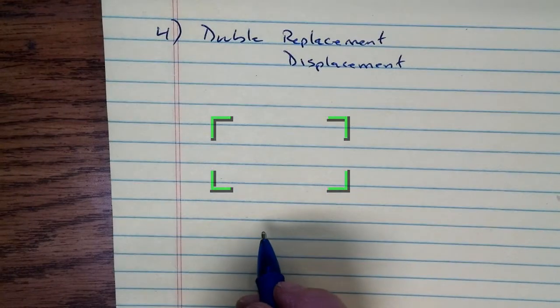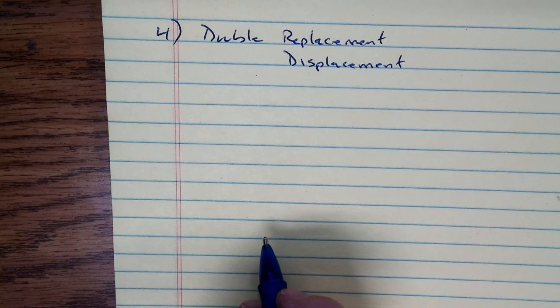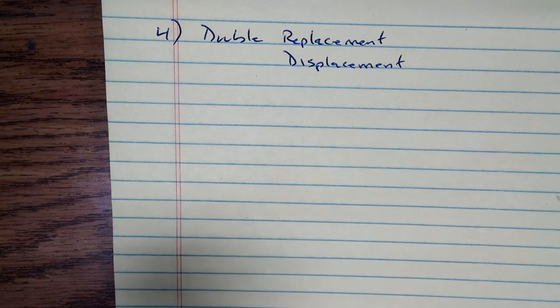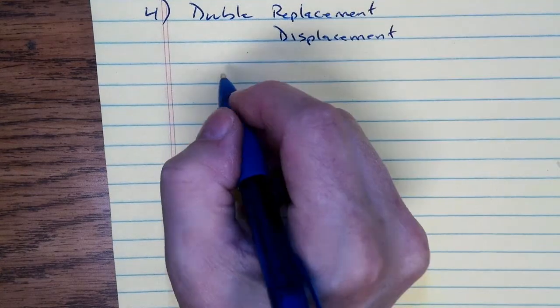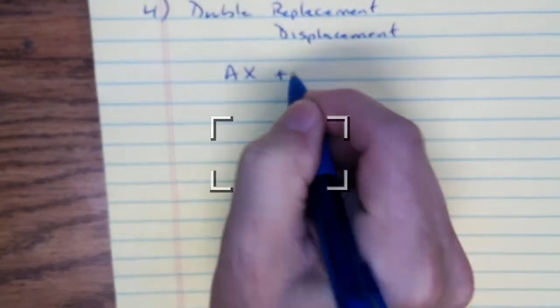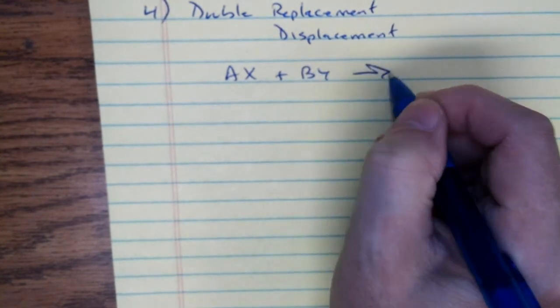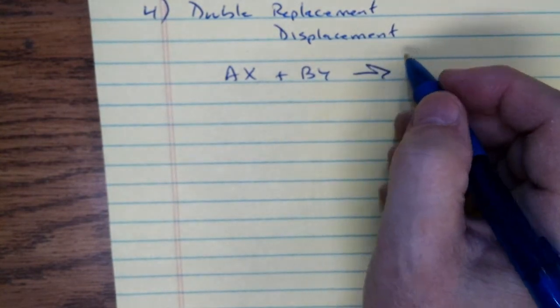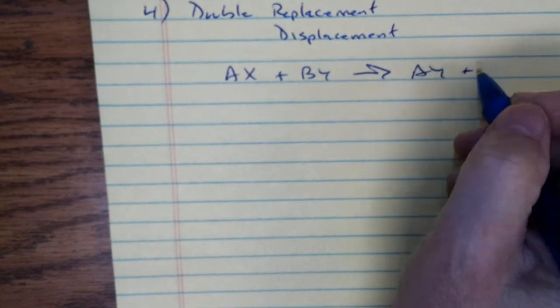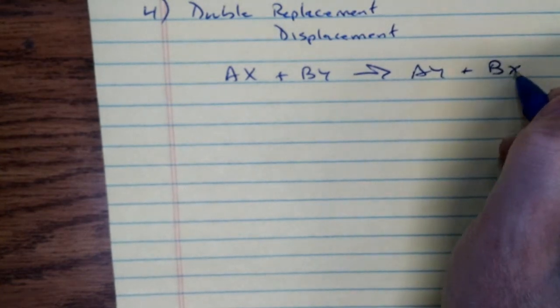It's where you have two compounds reacting with each other. So on our general form, we have AX plus BY, and they're going to swap partners to make AY plus BX.